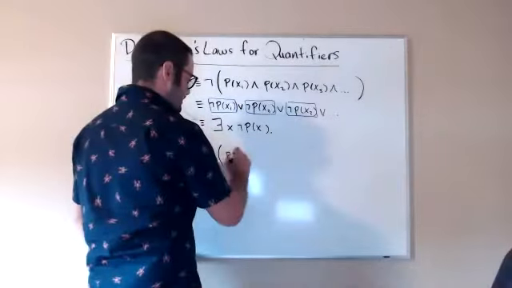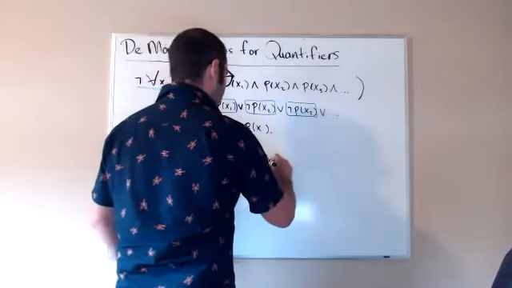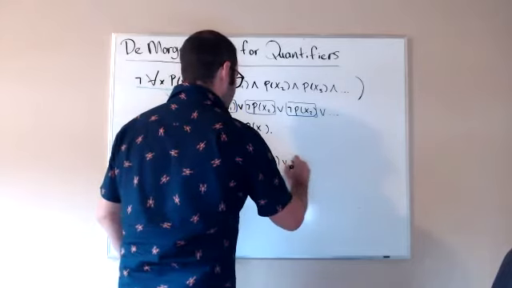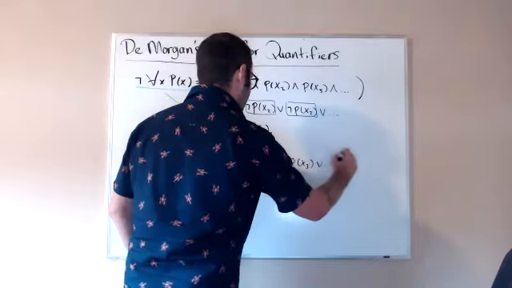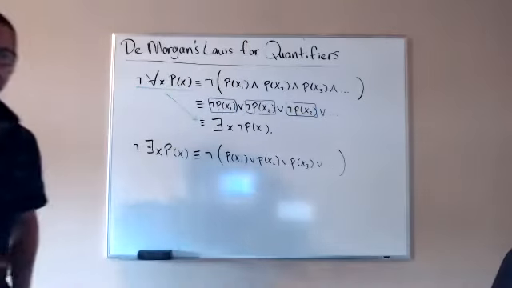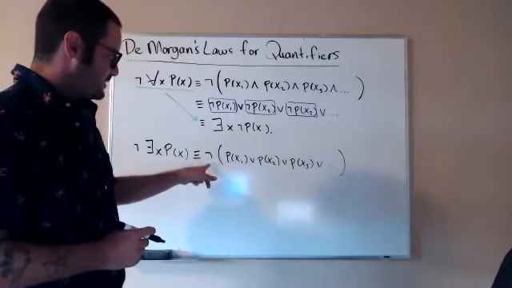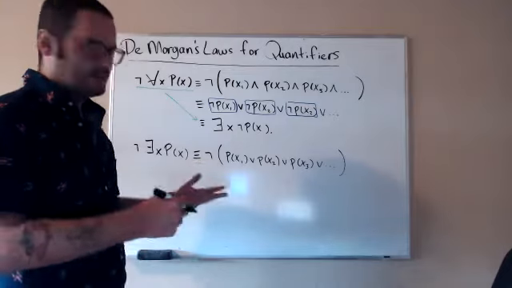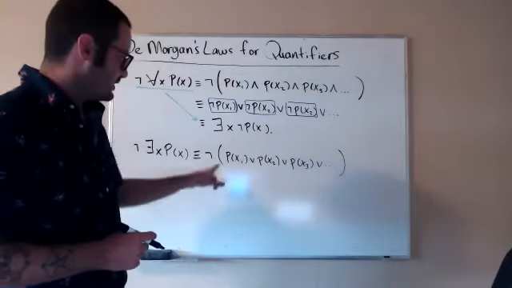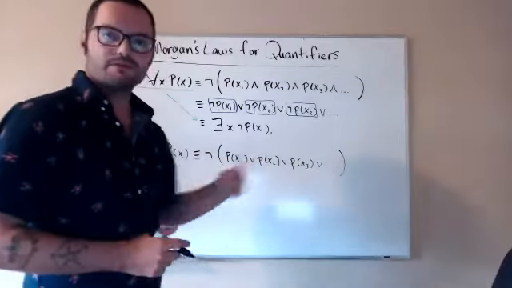So it's like P of x1 or P of x2 or P of x3 or ... Okay. But then the negation of ORs becomes the conjunction, the AND of the negations by DeMorgan's Law. Not that, that becomes an AND, not that, that becomes an AND, not that, so forth and so on.